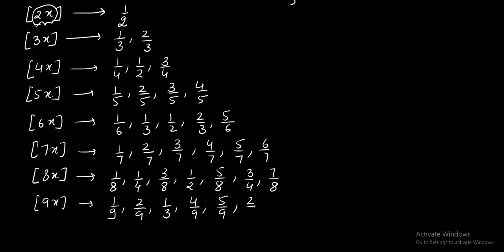So 6/9 we can write as 2/3, then 7/9, 8/9. And the last one is the integral part of 10x. What is the integral part of 10x? 1/10, 2/10, 3/10, 4/10. Now 4/10 I can write as 2/5, and similarly 2/10 I am going to write as 1/5.